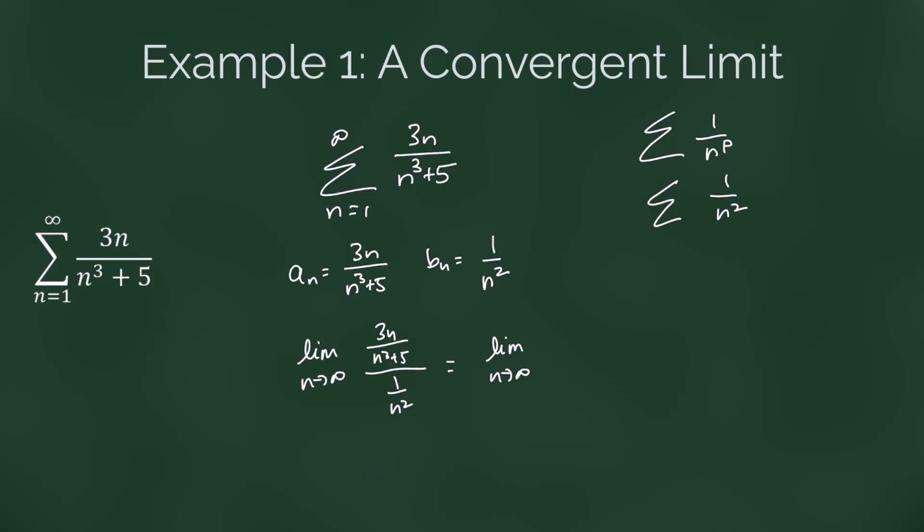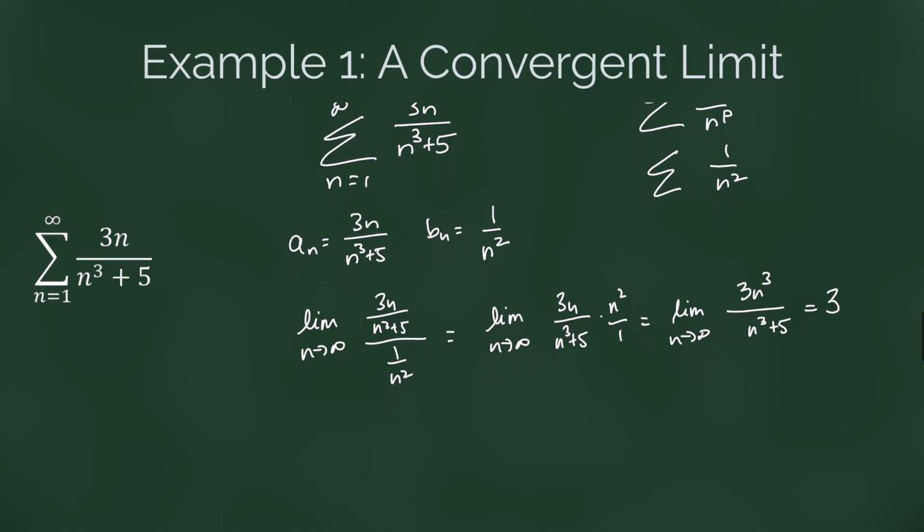We know from algebra that dividing by 1 over n squared is the same as multiplying by n squared over 1, which turns this limit into the limit as n approaches infinity of 3n cubed over n cubed plus 5, and we know that that limit is equal to 3.